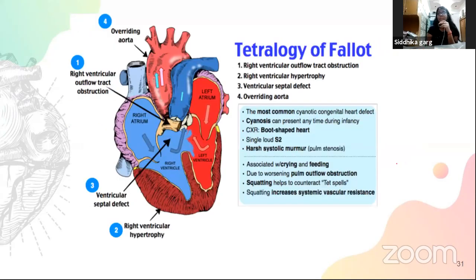Next. Okay, here's a diagram that shows the 4 cardinal features. On auscultation, you're going to hear a single loud S2. Now tell me, S2 comes because of closure of which valves? You can post a comment in the chat box.